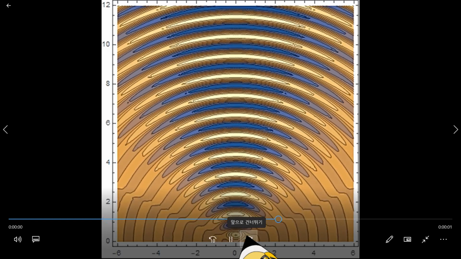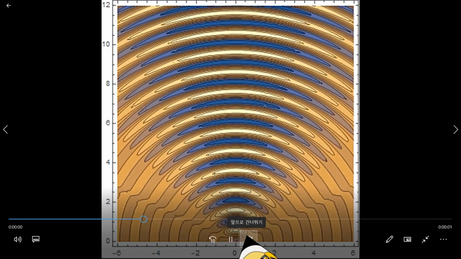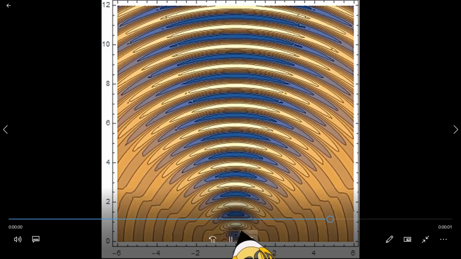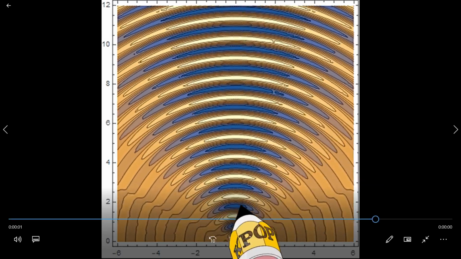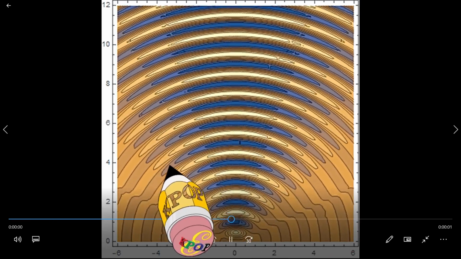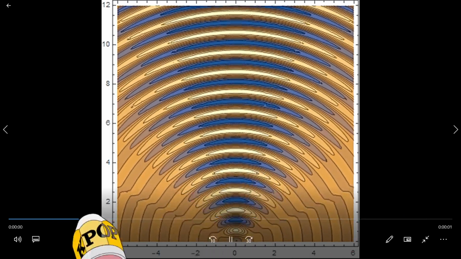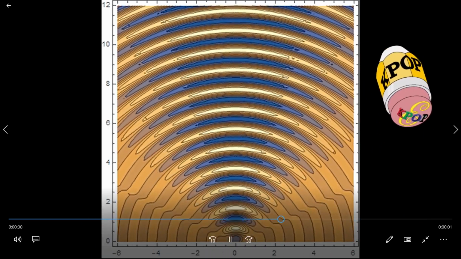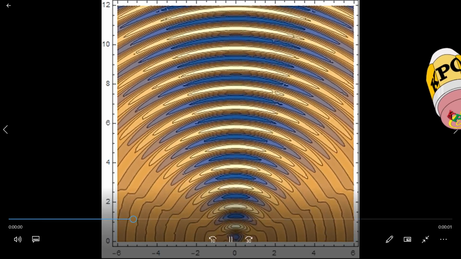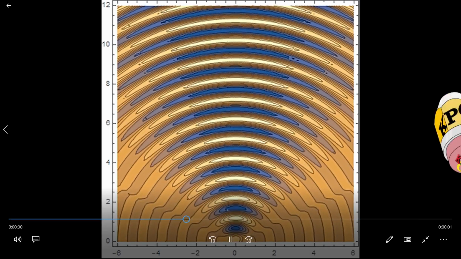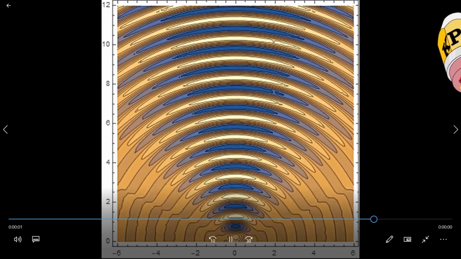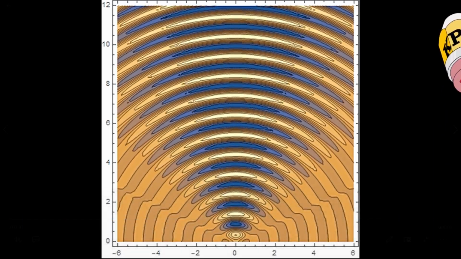This gap is the size of the wavelength of the wave. It just moves along the radial direction. And this one is the case for aperture diameter a equal to lambda, that is, the wavelength.